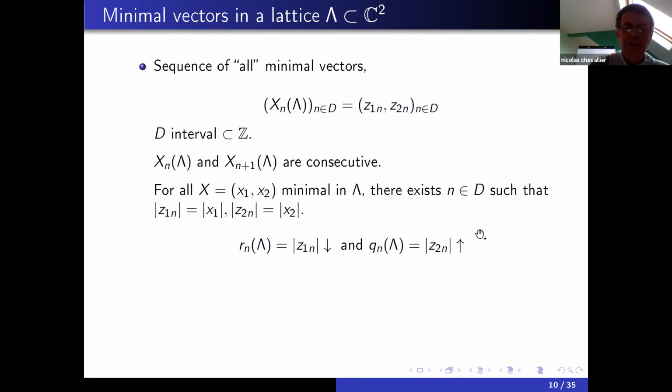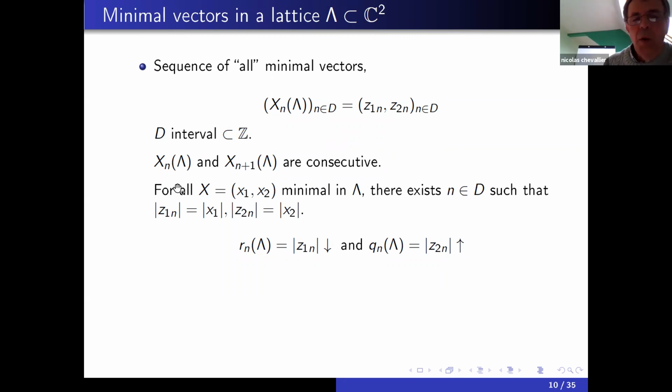When you have a lattice in C2, you can look at all the minimal vectors. You can look at the sequence of all minimal vectors, which means the following thing. This must be a sequence of minimal vectors indexed over an interval D in Z. And when you take two consecutive terms of this sequence, they must be consecutive minimal vectors.